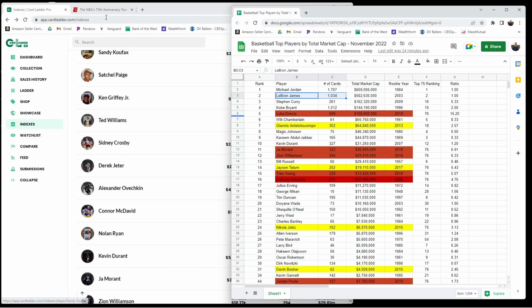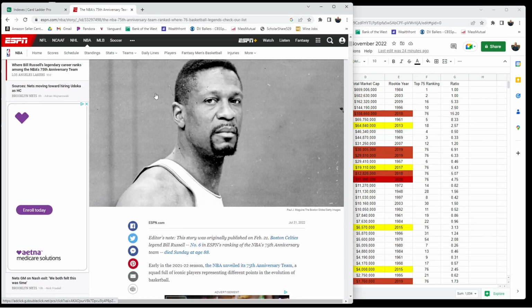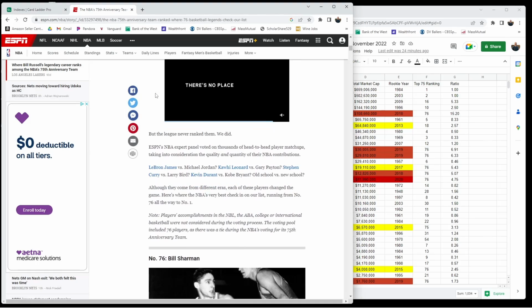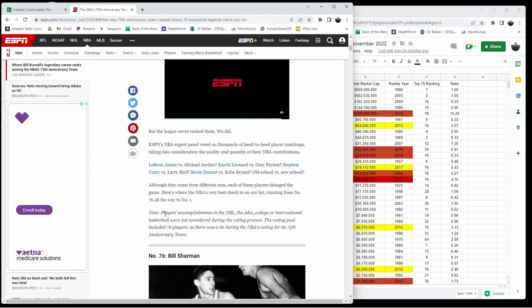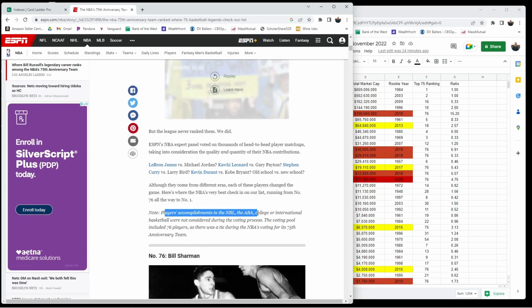And then what I also did is I went to the ESPN Top 75. The thing to remember here is players' accomplishments in the NBL, ABA, and college or international play are not considered. Dominique Wilkins played overseas and had a pretty good career over there. If that was included in this, he would maybe rank higher.